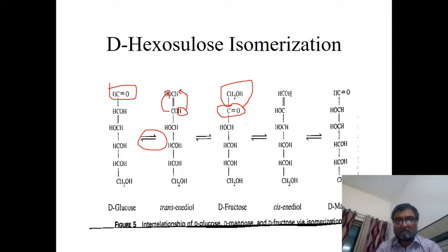This is the reverse process. Here we have seen the second carbon donated the hydrogen to the first carbon. Here the first carbon is donating the hydrogen to the second carbon, in two steps, forming the molecule of mannose.